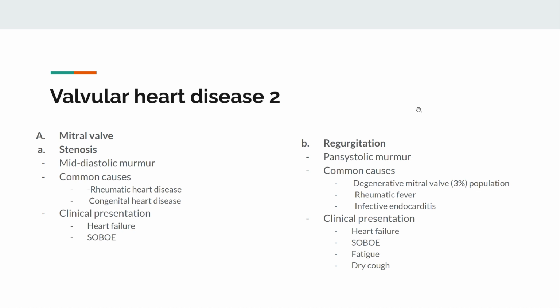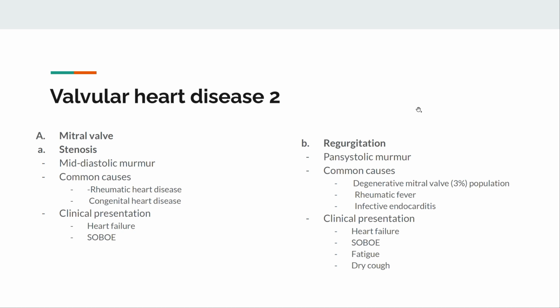The common causes of this are rheumatic heart disease and congenital heart disease, so congenital narrowing of the mitral valve. The clinical presentation, and this is going to be a common theme throughout all of these, is that pretty much all of them can cause some sort of heart failure if it occurs chronically. And of course, most of them do also cause shortness of breath on exertion, which is SOBOE.